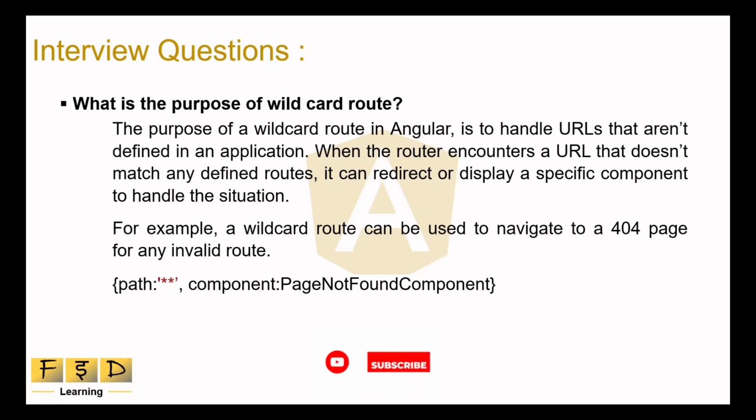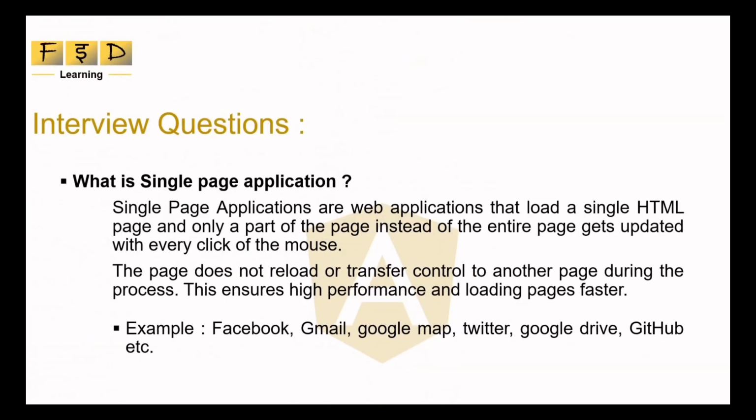Like I have added page not found component with 404 error message to define wildcard route. Wildcard route uses path as asterisk to match every route. The syntax of wildcard route is like this: path asterisk and the component is page not found component.